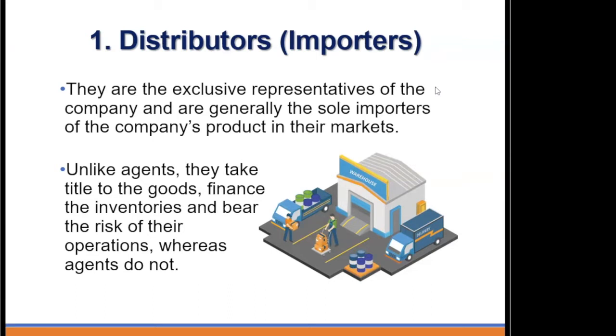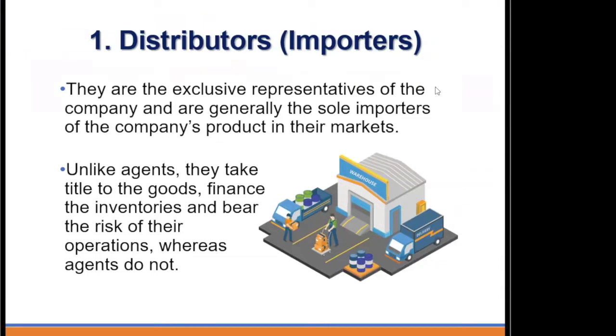Right. So just like the indirect and the direct exports, there are other types which the firm can utilize. The first one being getting distributors or importers directly in the foreign market. So these are people who are exclusive representatives of their company, and they will generally be the sole importers of the company's product in their markets, right?